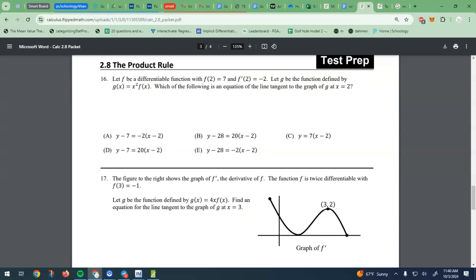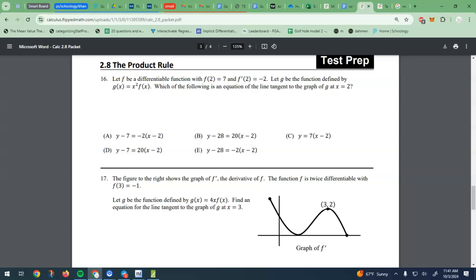Oh, crap. Dang it. So I would have ended up wrong, wouldn't I? So 2, 20. So we're finding the tangent line at g. So that's supposed to be g of 2, not f of 2. My bad. I just put 7 there the first time, but that's the y value of f.